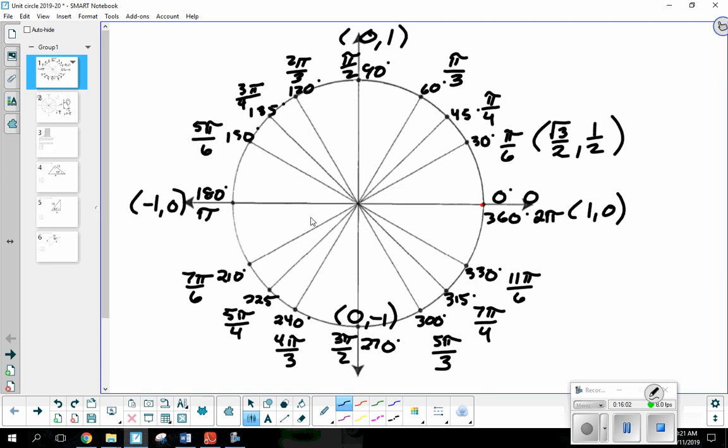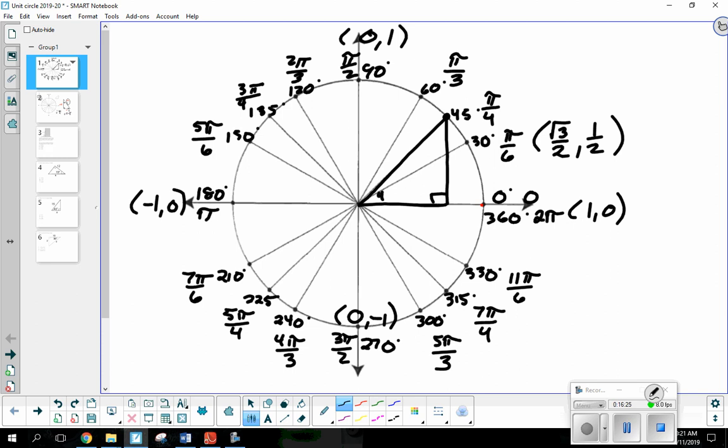All right, so let's say I want to know the coordinate right here at 45 degrees, pi over 4 radians. I'm going to connect the origin to that point. From that point, I'm always going to drop it straight down, perpendicular to the x-axis. Always, always, always to the x-axis. Well, what do you think this base angle is right here?